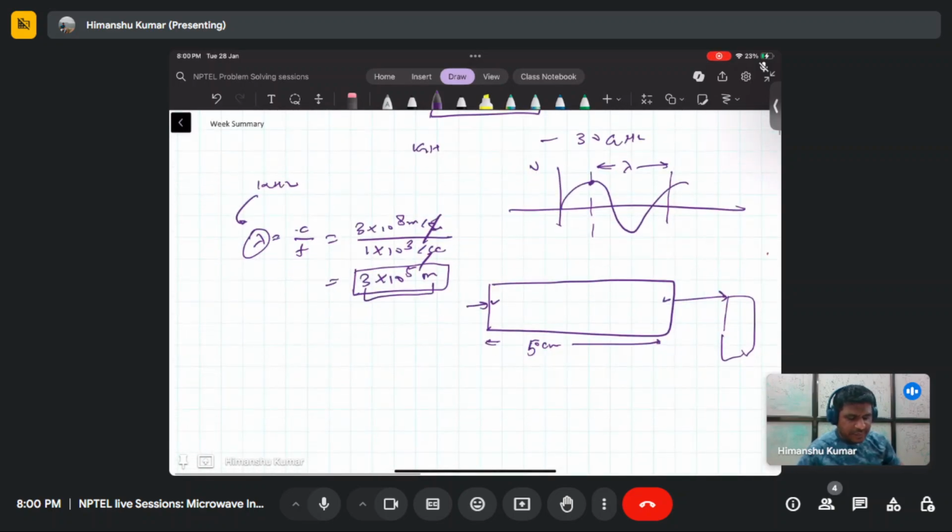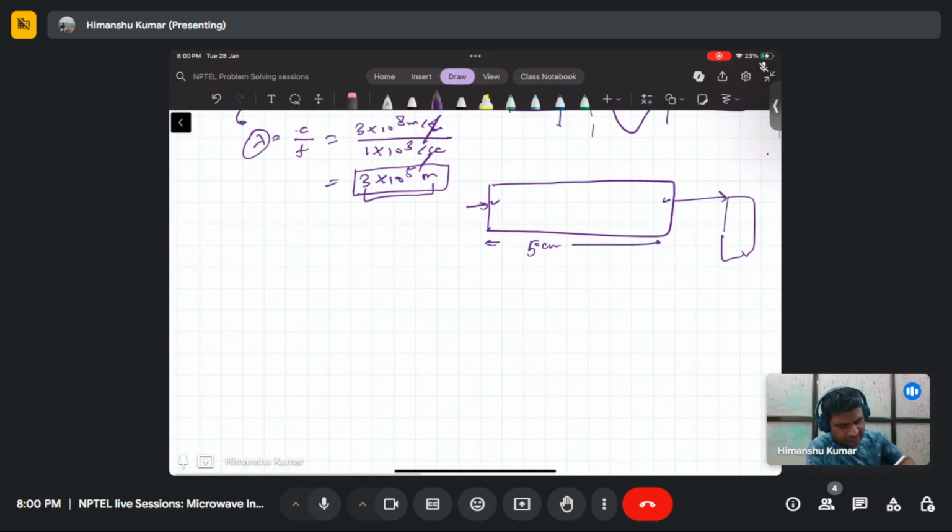Now let's say instead of 1 kilohertz, you work at 10 kilohertz. Then lambda becomes 3 into 10 power 4 meters. If you take 100 kilohertz, lambda becomes 3 into 10 power 3, which is 3 kilometers.